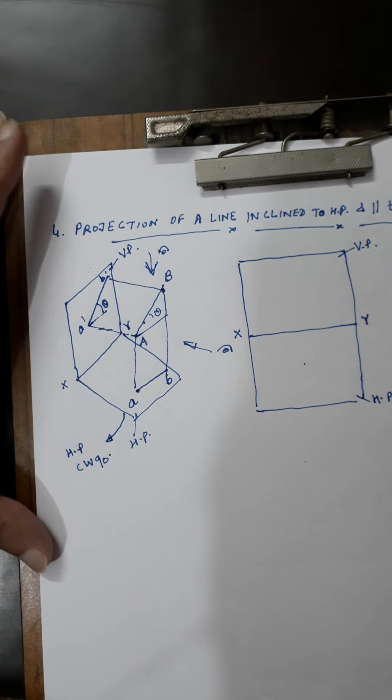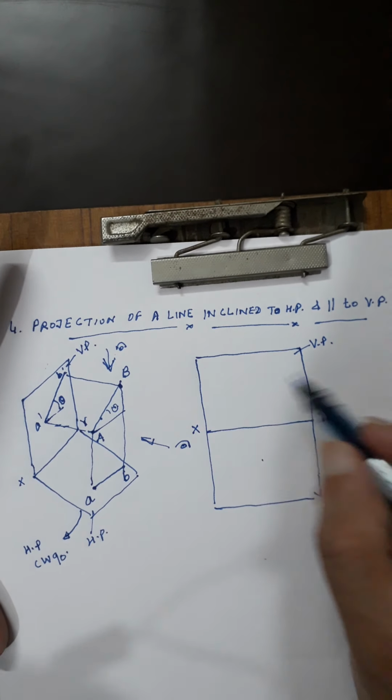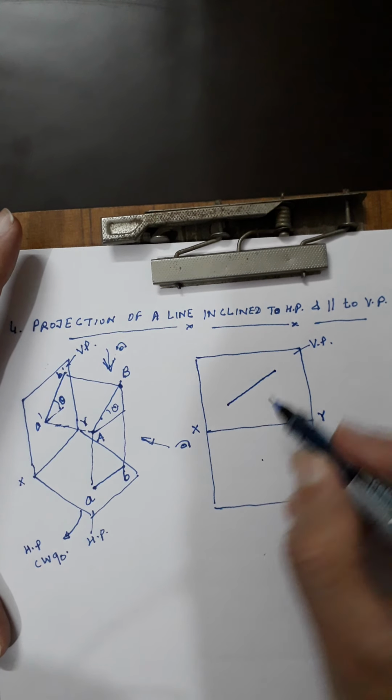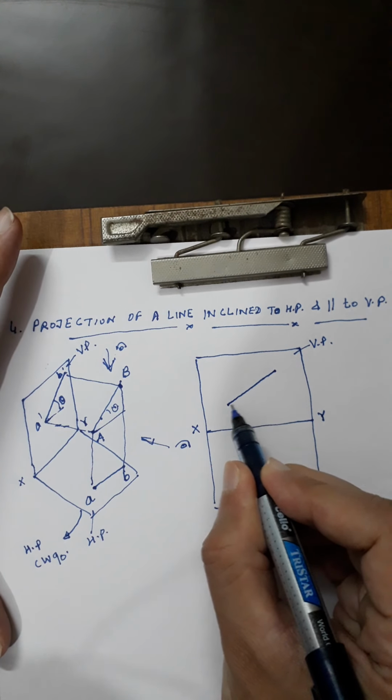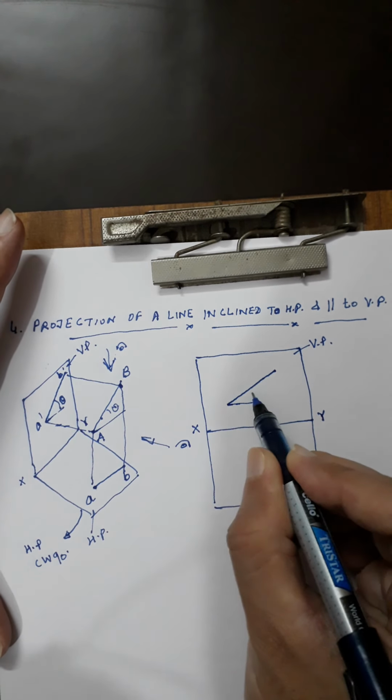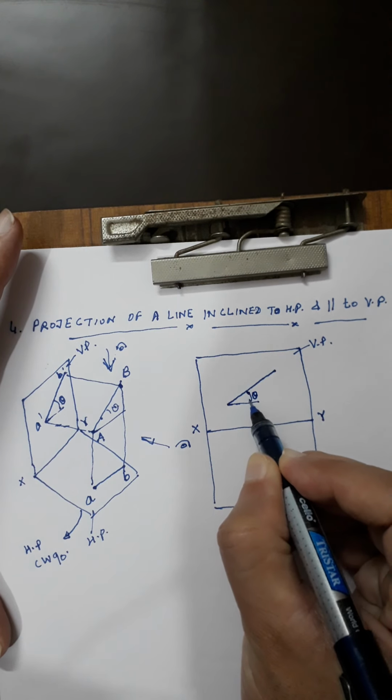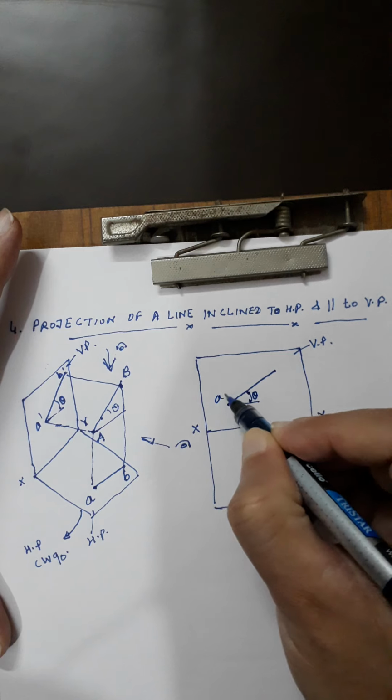Now in the front view you will see a line like this, with whatever inclination it has with HP. So it is theta, and this is the front view.